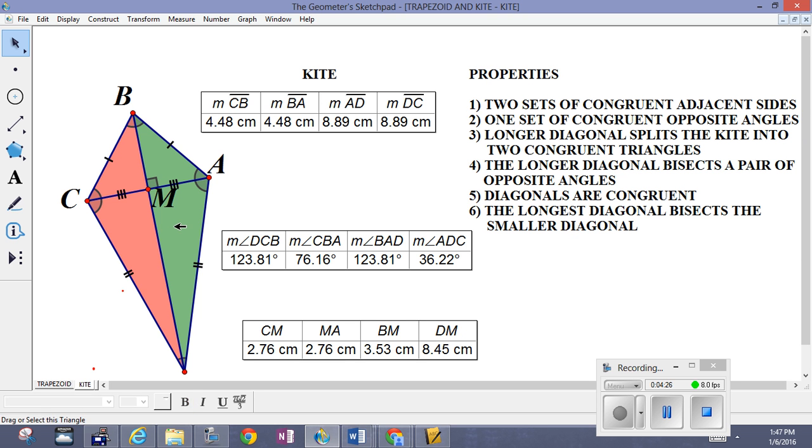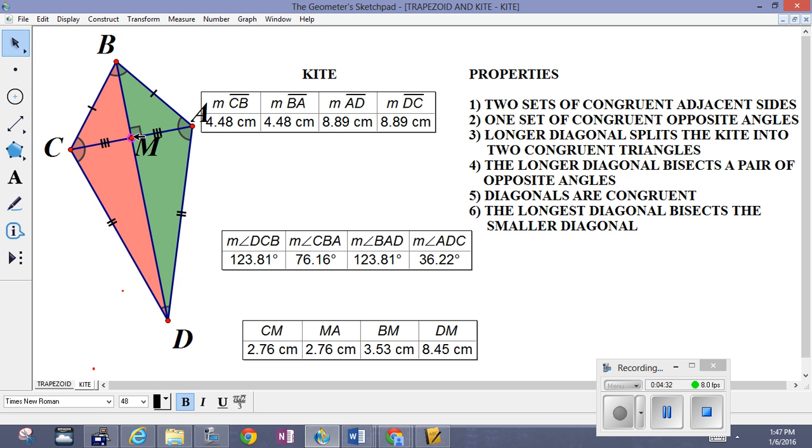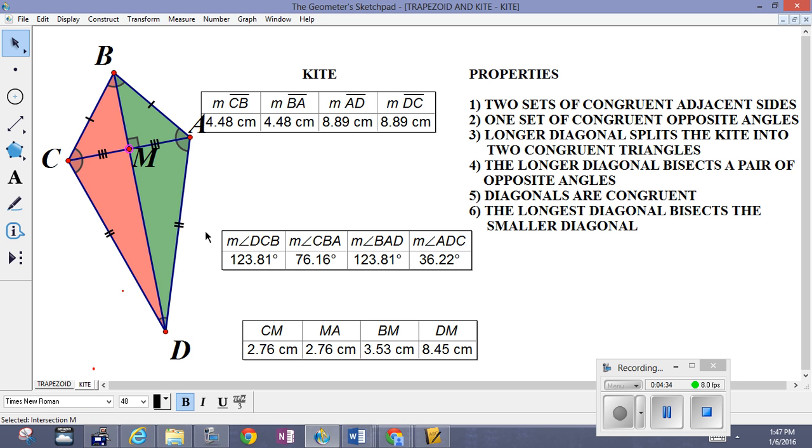With those congruent triangles, the green and the red as indicated here, by using corresponding parts of congruent triangles, we could show that there's a set of congruent angles at A and C, so one set of opposite congruent angles.